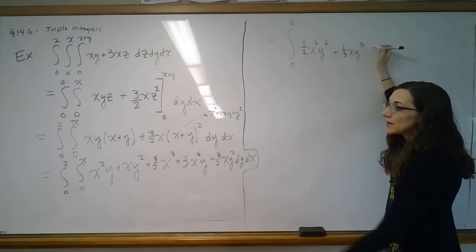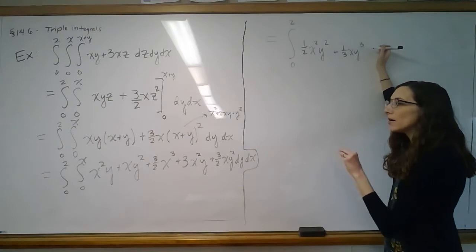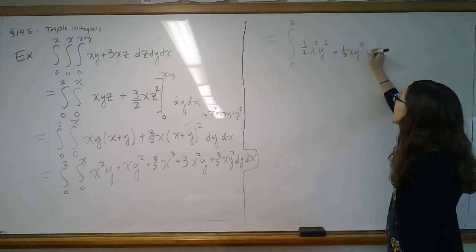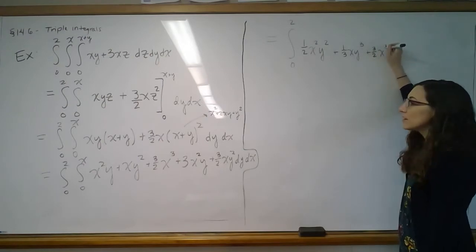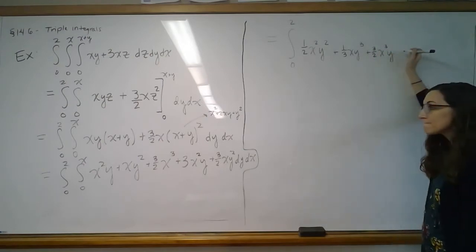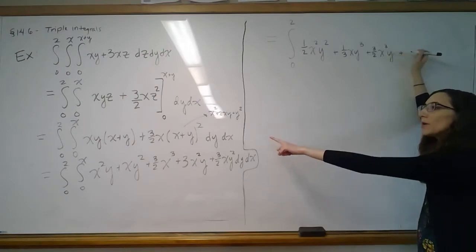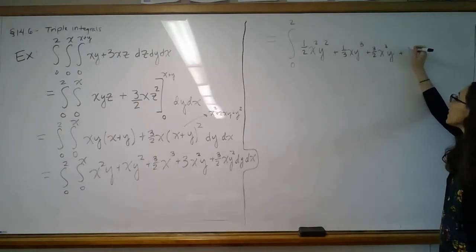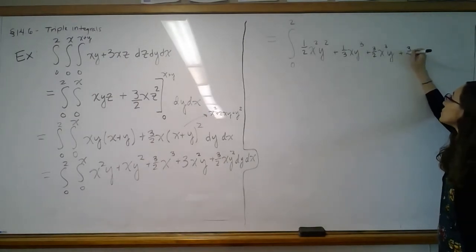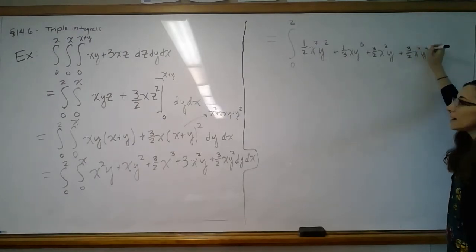And then notice that 3 halves x cubed doesn't have a y at all, so that whole thing is a constant, so we have plus 3 halves x cubed y. And then we're going to have plus 3x squared, the y will bump up to a y squared, and we'll divide by 2, so we'll get 3 halves x squared y squared.